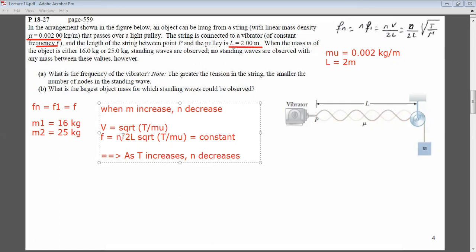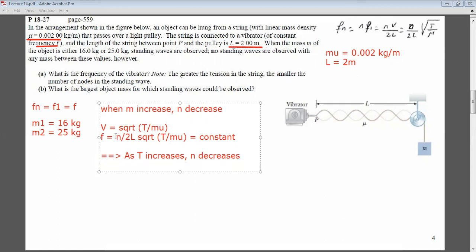So I have here n times square root of T. As T increases, so if the tension here is increasing and F is constant, n will decrease because n is what? It is F over square root of T. So as T increases, n will decrease.